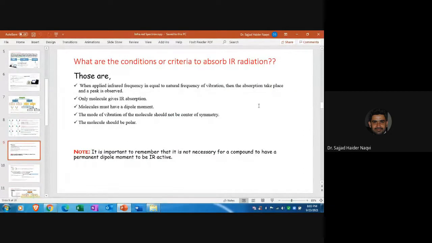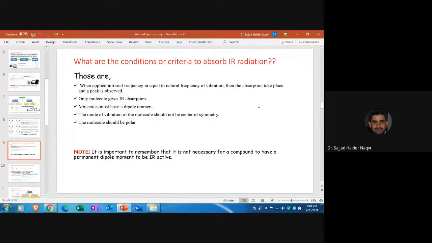Okay, let's go further. What are the conditions or criteria to absorb IR? As we said earlier, different molecules have different capacity to absorb IR, and definitely different capacity to transmit, because what is not absorbed, the residual amount, is going to be transmitted out. So there are a couple of criteria that could be used in this case.